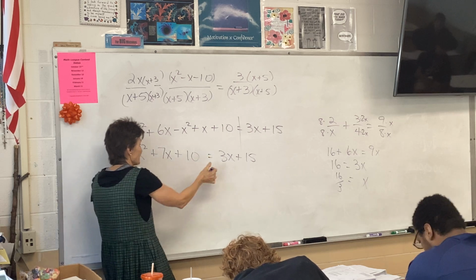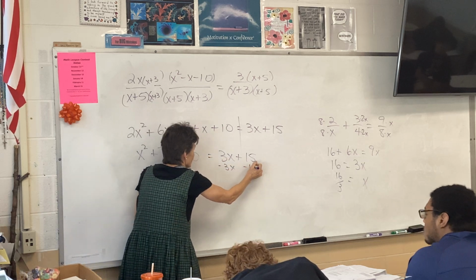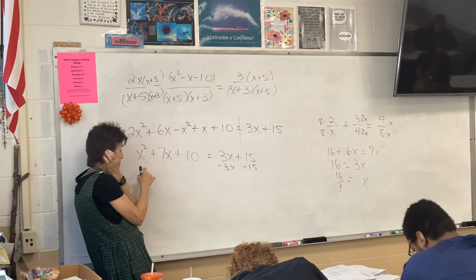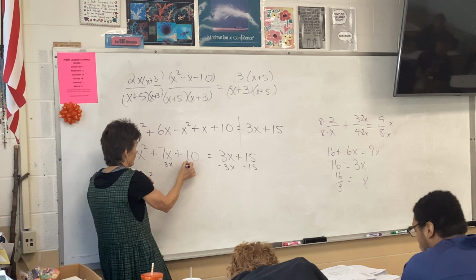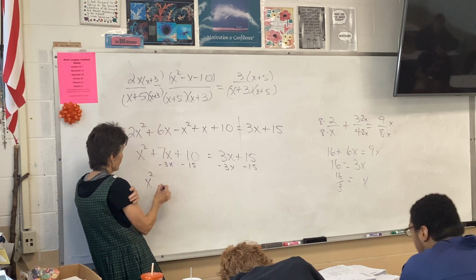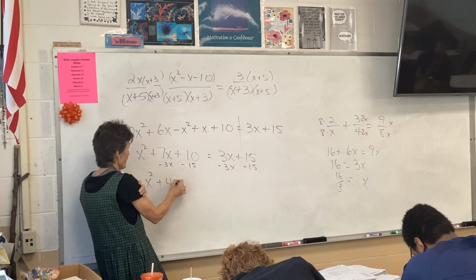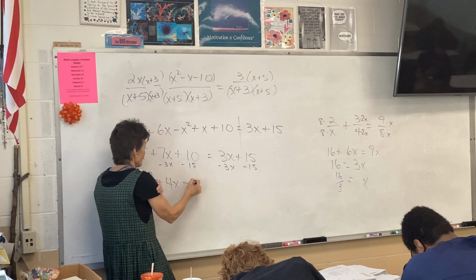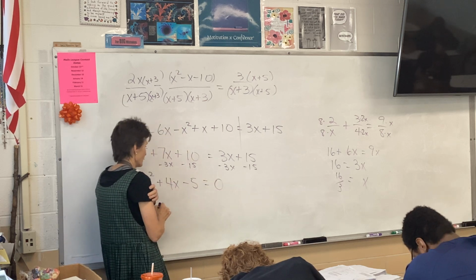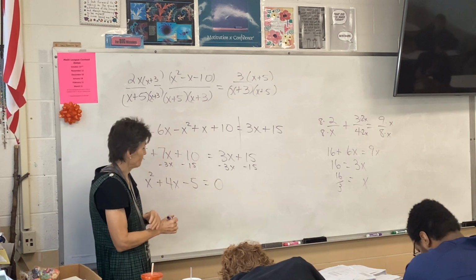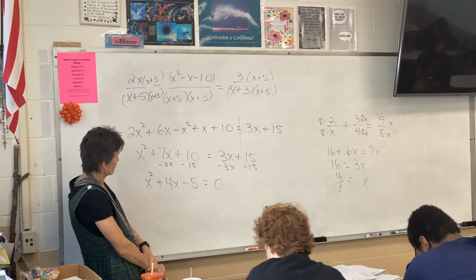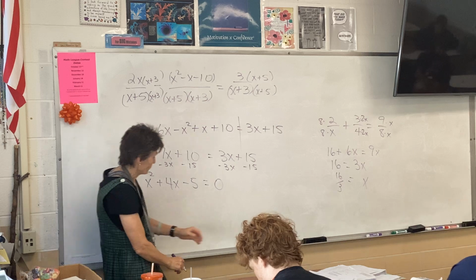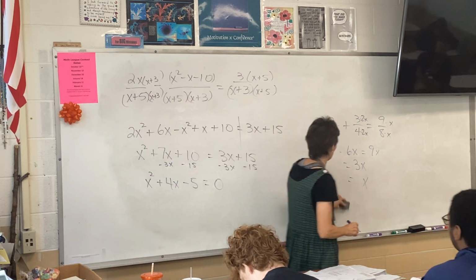Now let's bring these things over. Let's get our 0 because it's quadratic. So x squared plus 4x minus 5. Double check that for me. What do I do now?